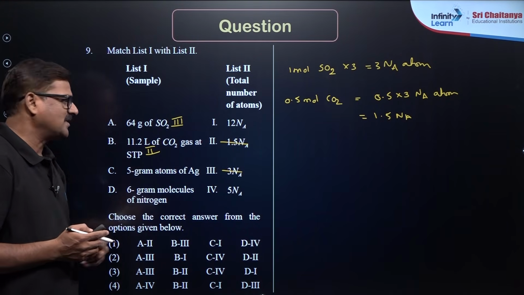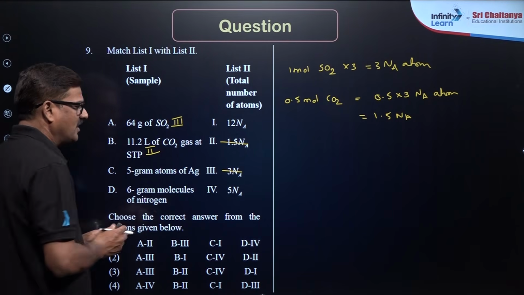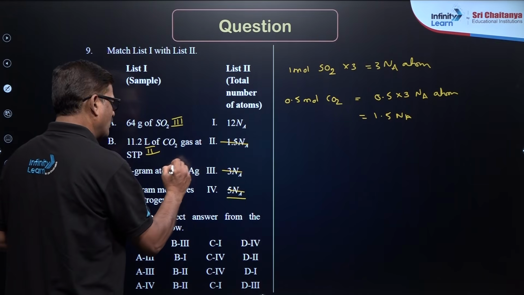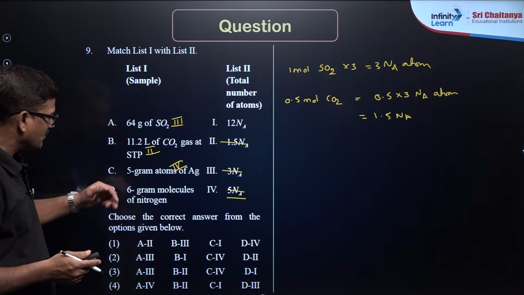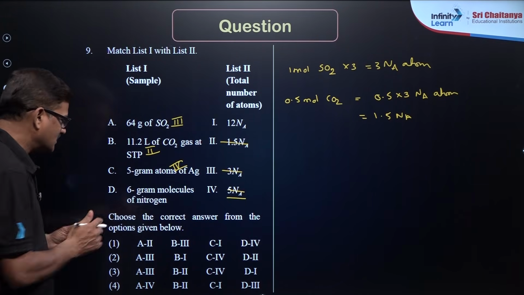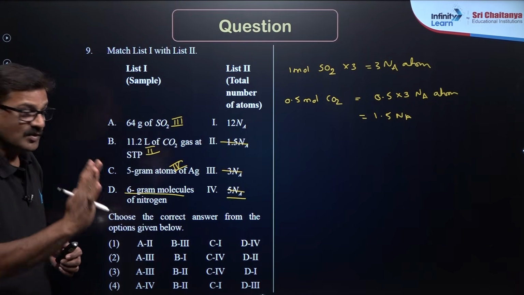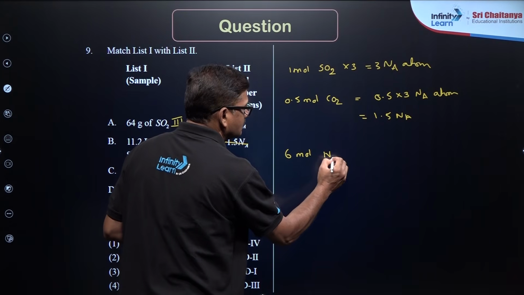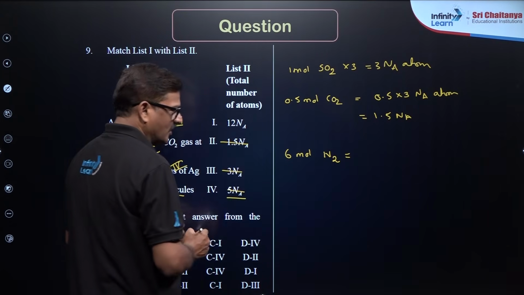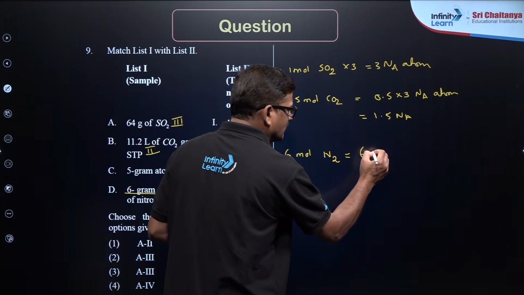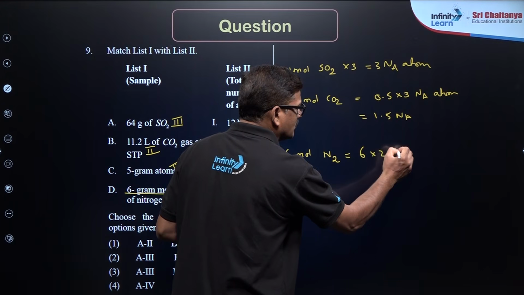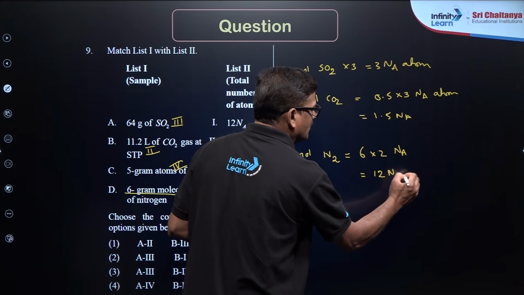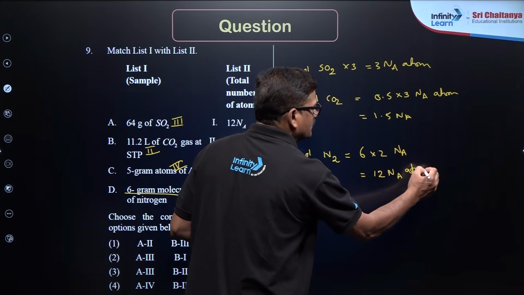5 gram atoms of silver will have 5 Avogadro number of atoms, so it is going to be 4. 6 gram molecules of nitrogen means 6 mole nitrogen, that is 6 into 2 into Avogadro number, so 12 Avogadro number of atoms are present.